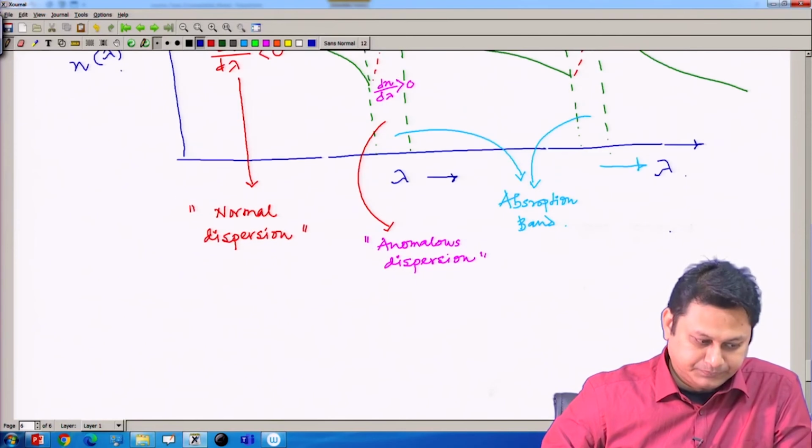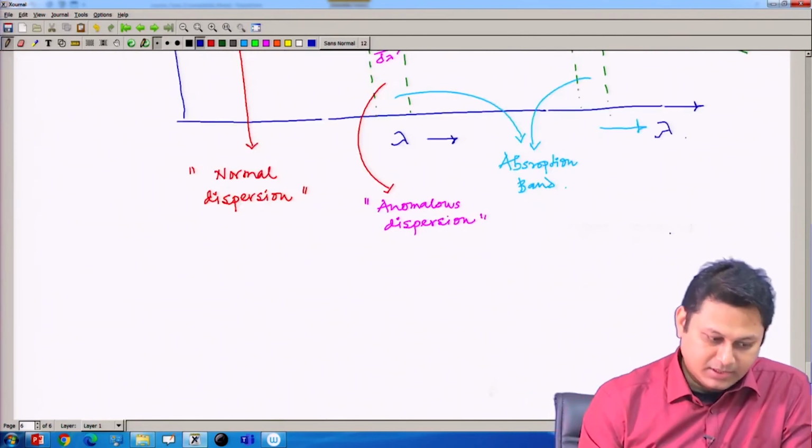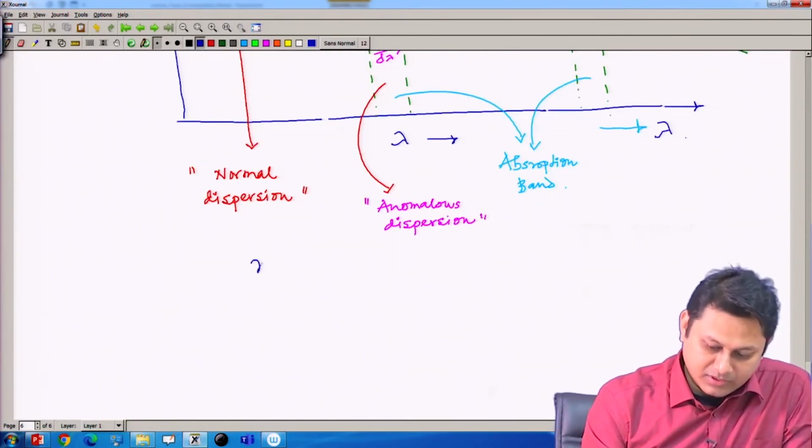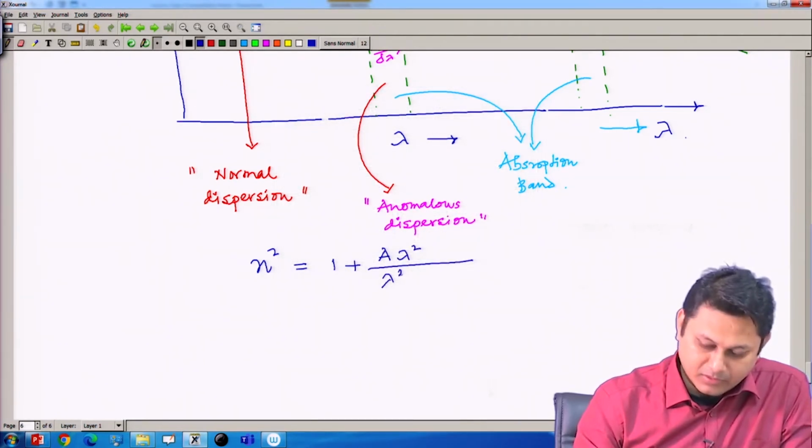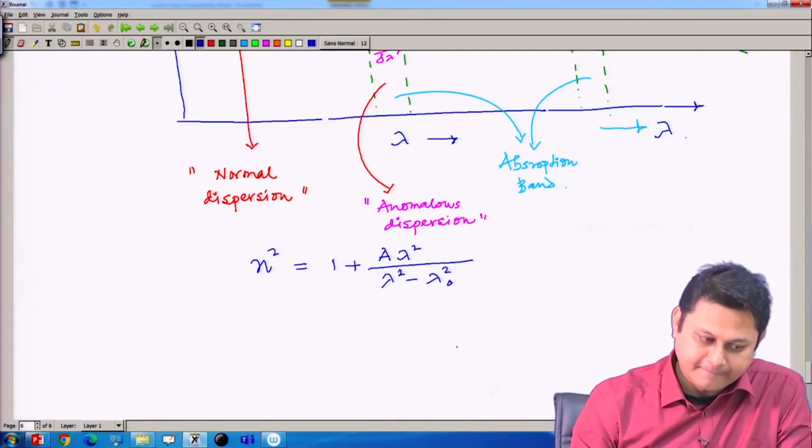Well, this equation is valid here: n squared is equal to 1 plus A lambda squared divided by lambda squared minus lambda 0 squared.